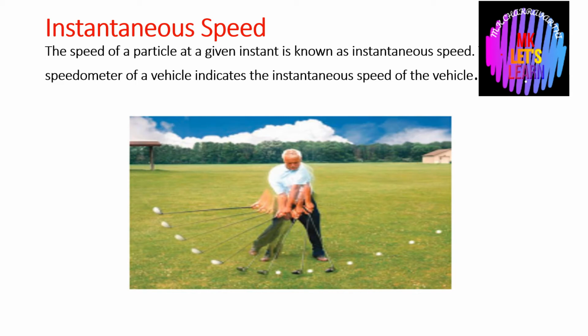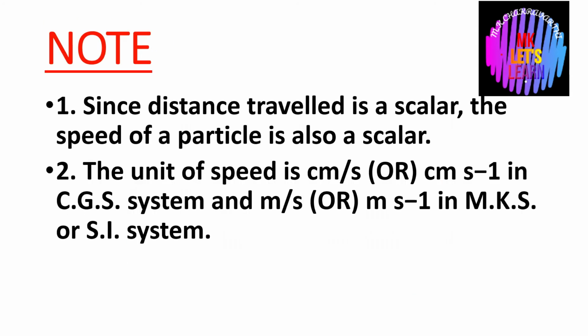Here you note these certain points. Since distance traveled is a scalar, the speed of a particle is also a scalar. Recall previous knowledge about scalars: they have only magnitude, and addition or subtraction of scalar quantities can be done by simple arithmetical means.